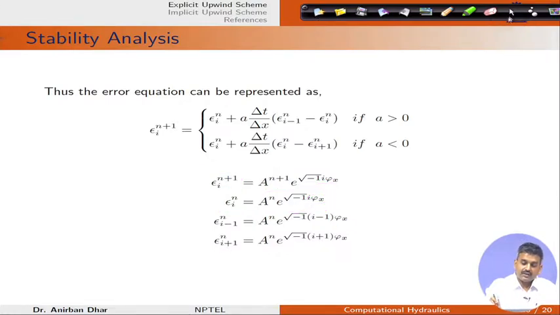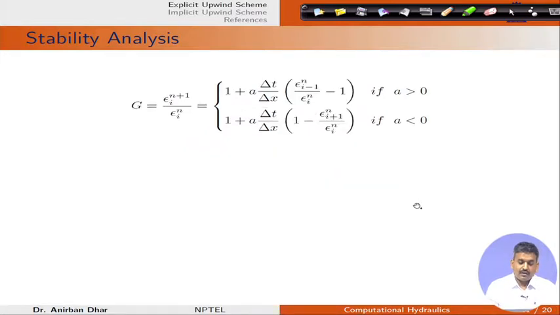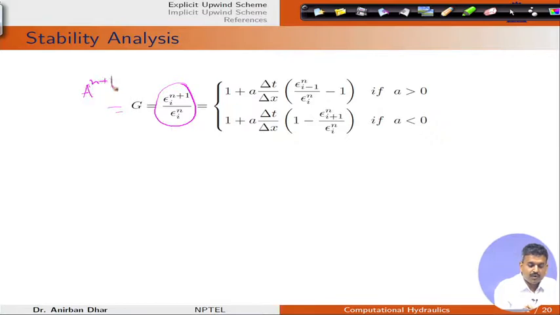So, with this expression, if we write our growth factor by dividing epsilon on both sides, this is epsilon i n plus 1 divided by epsilon i n, and interestingly this is equal to A n plus 1 divided by A n. Now, for A positive we have this form, for A negative we have the second equation.